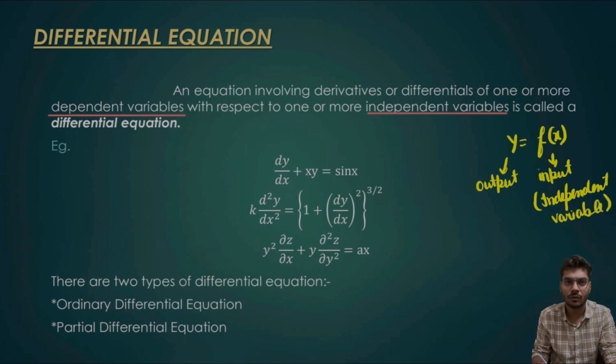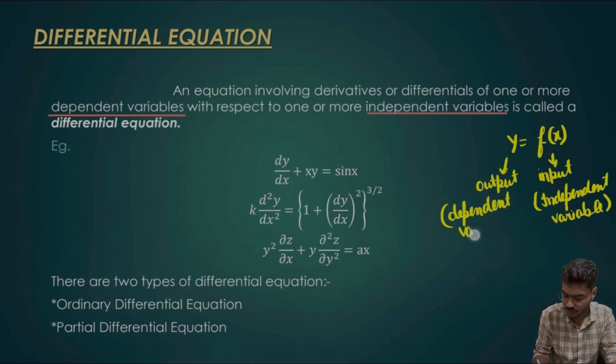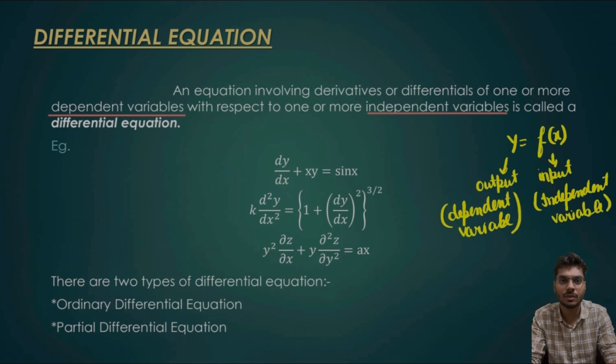Depending on the values of x, y will be defined. So y is known as the dependent variable because y depends on x. So I hope dependent variable and independent variable are clear.